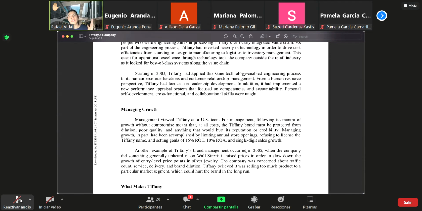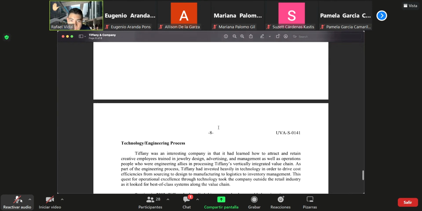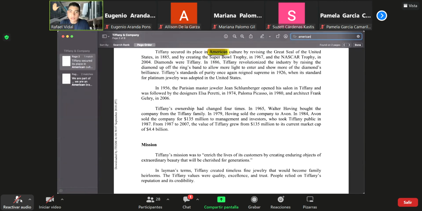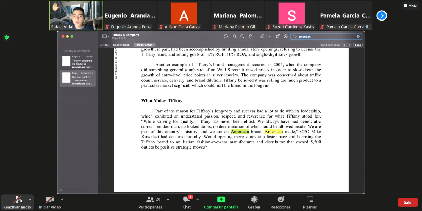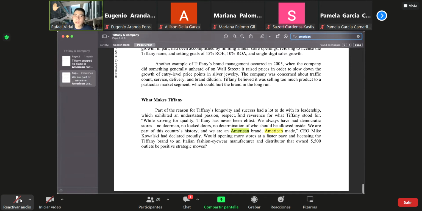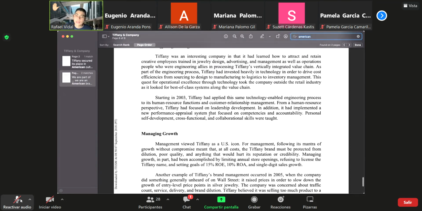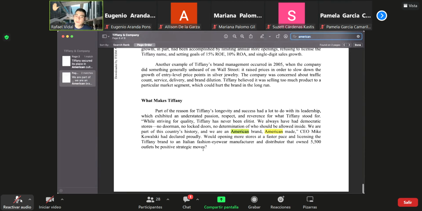That's why in Japan, they don't have the same perception of the brand. I think I can see here what they are talking about American brands. Here, we are an American brand, American made. So you'll see this remarkable culture all across the case. So this is a good strategic move.